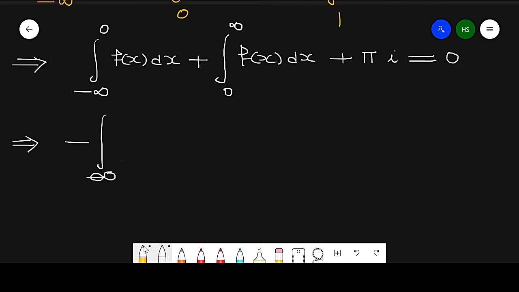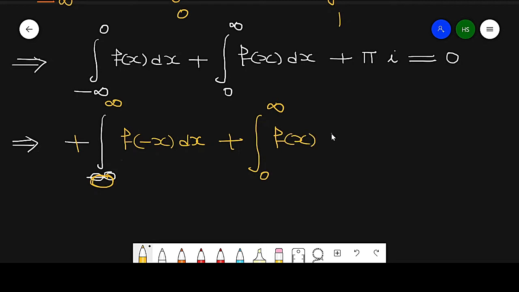So if I replace plus infinity to 0, and multiply by minus again, then it is 0 to infinity, and this is f of minus x into dx plus this value. So again 0 to infinity f of x into dx plus pi iota equal to 0. This is my next step.